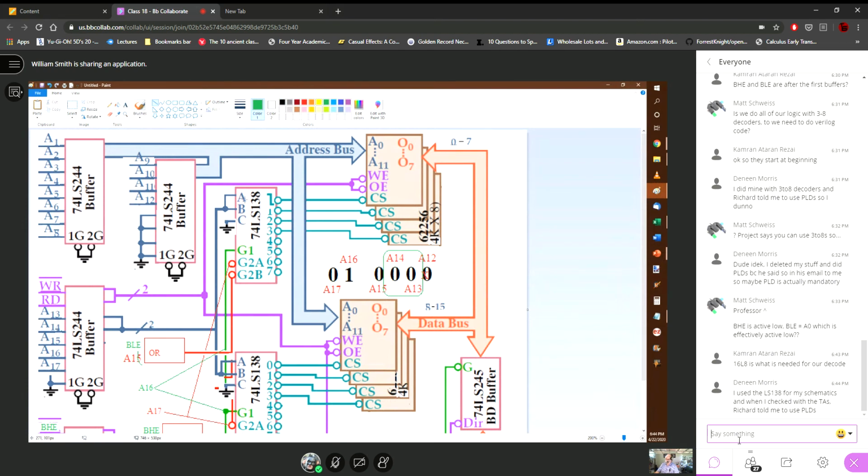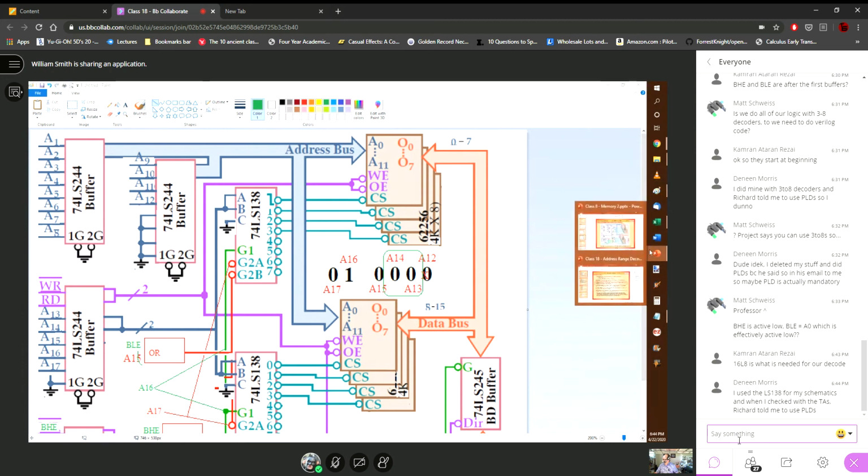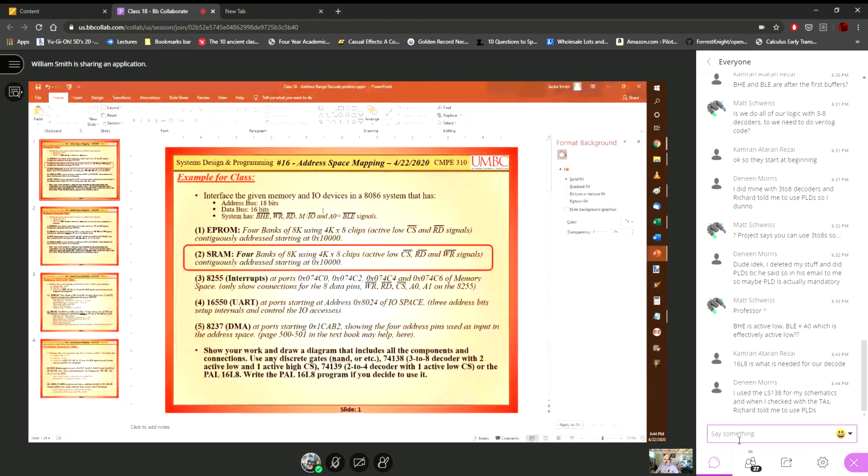But we're going to use that bottom address bit 0 to choose between the top and the bottom. And it said in the slide in that previous example that A0 equals BLE, active low.